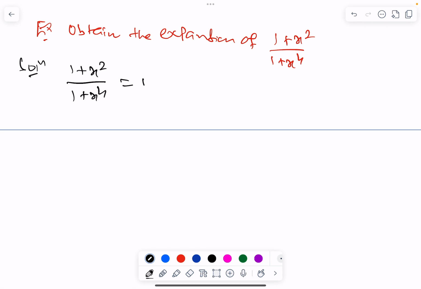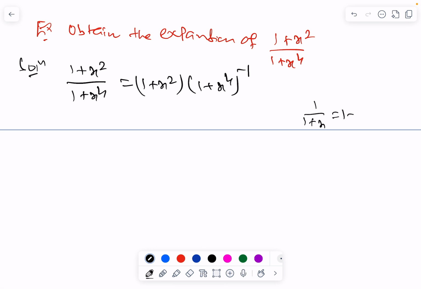This we can write as 1 plus x square into 1 plus x power 4 power minus 1. And we know that 1 over 1 plus x, or 1 plus x power minus 1, is 1 minus x plus x square minus x cube and so on.